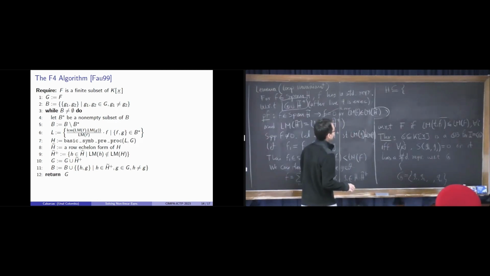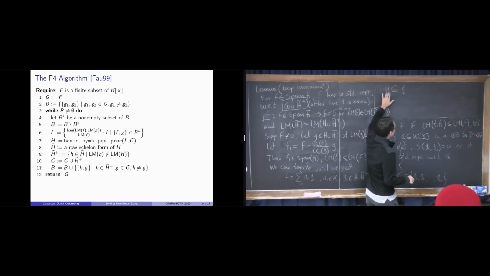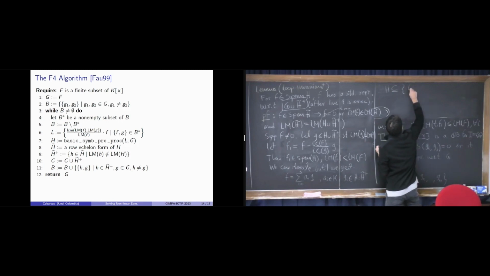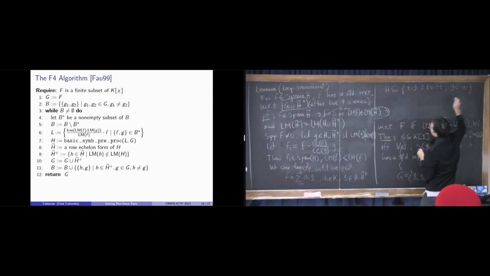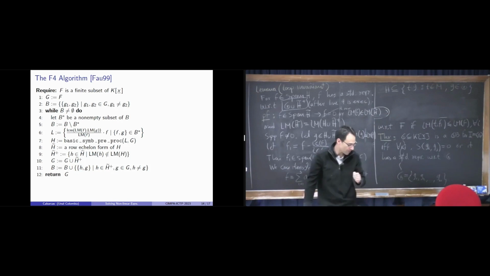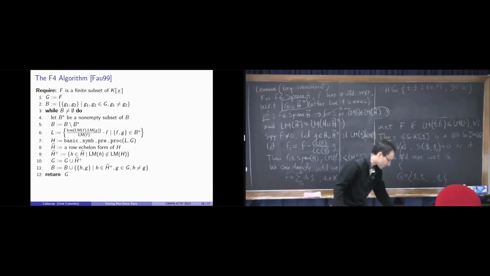Sorry about that. So every element in H, from the way we constructed H, was coming from taking a monomial and multiplying it by an element in G. Every element in H had that form.